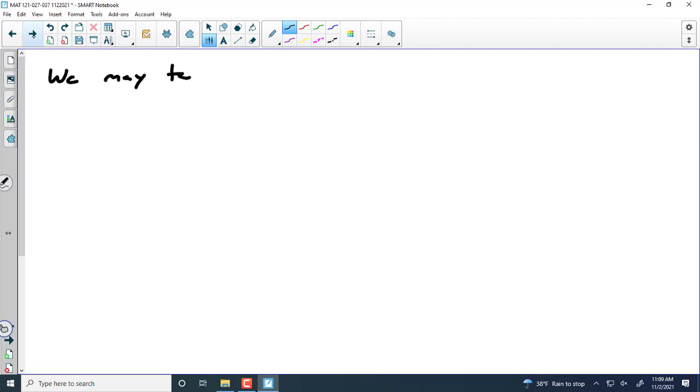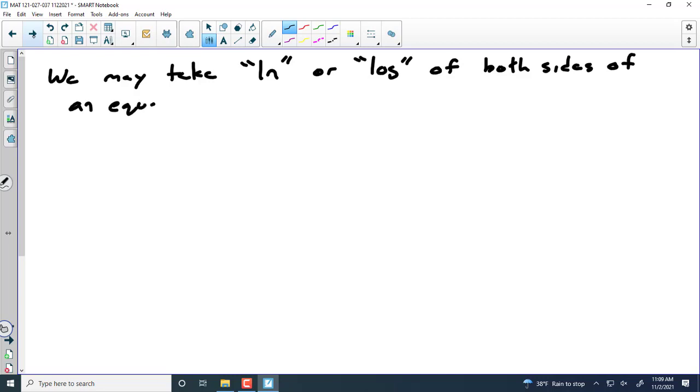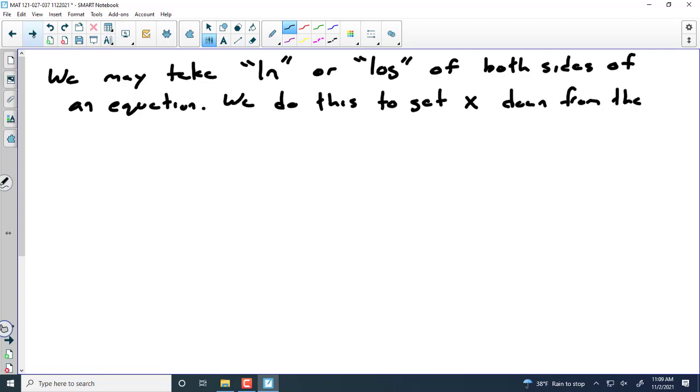We may take ln or log of both sides of an equation. We do this to get x down from the power.